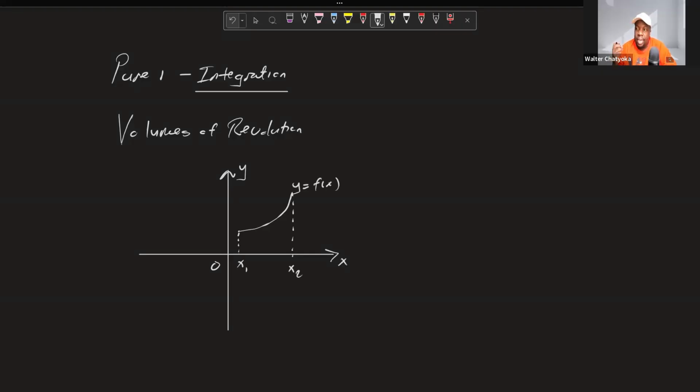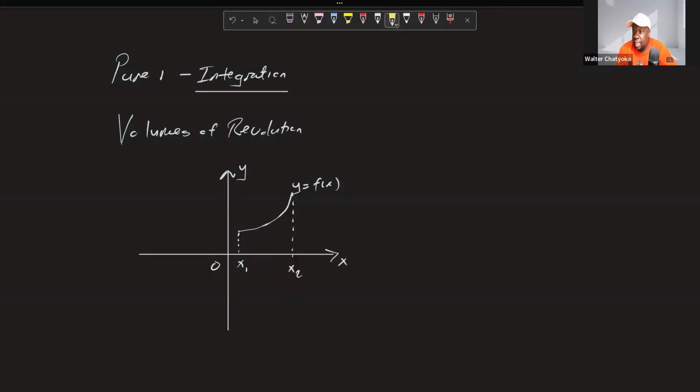We know that by integration, we can find the area under the graph. And you should also know that we can find through integration the volume of the 3D shape formed when this graph is rotated through 360 degrees about the x-axis.